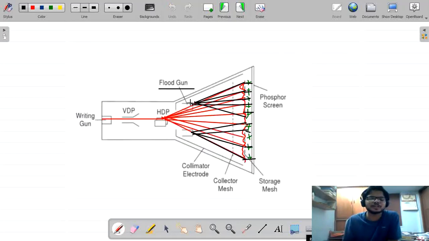It is the complete concept that we have looked at from the flood gun. From the flood gun, the electron beam continuously strikes the positive area. So from here, the electrons will be allowed through and displayed on the phosphor screen.